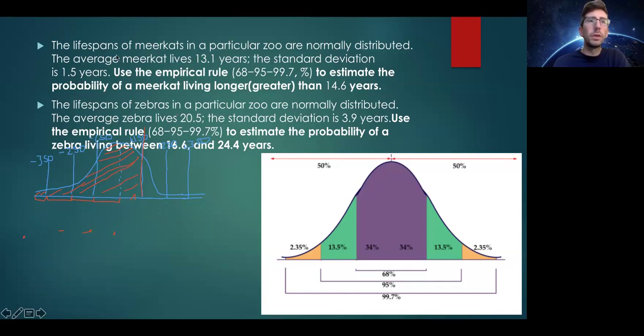Okay, so now we're given a different normal distribution, right? Now we're talking about the lifespan of meerkats in a particular zoo. Maybe it's the same zoo. Maybe it's a different zoo. Doesn't really matter. We're given that they are normally distributed as well.